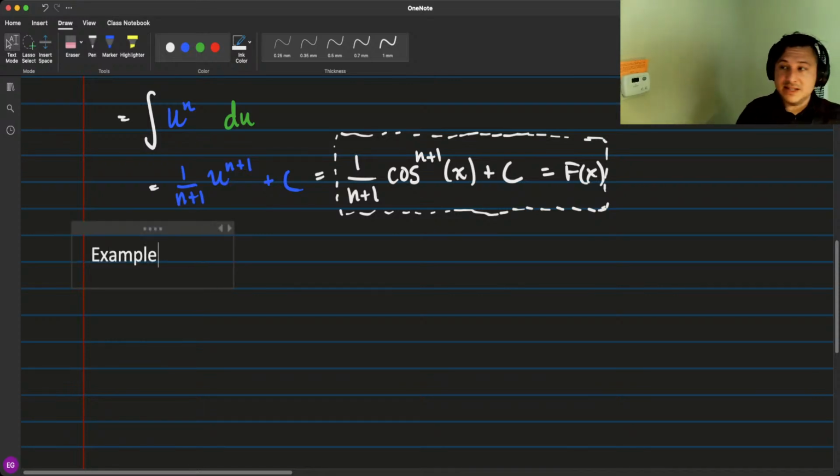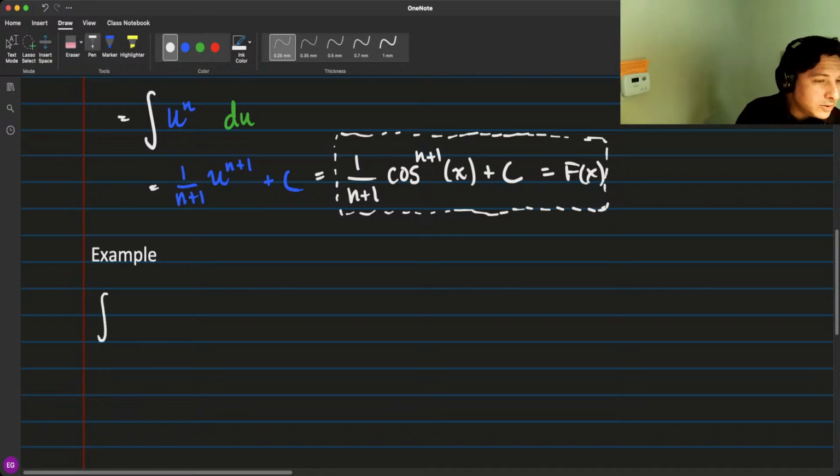Okay, so with the previous example we had cosine to some power times sine. So what about if we have cosine to some power, like cosine squared x, times sine also to a power, like sine cubed?